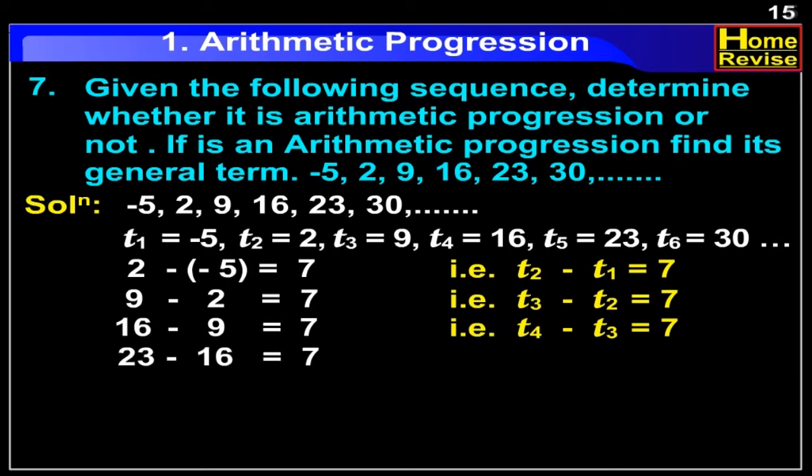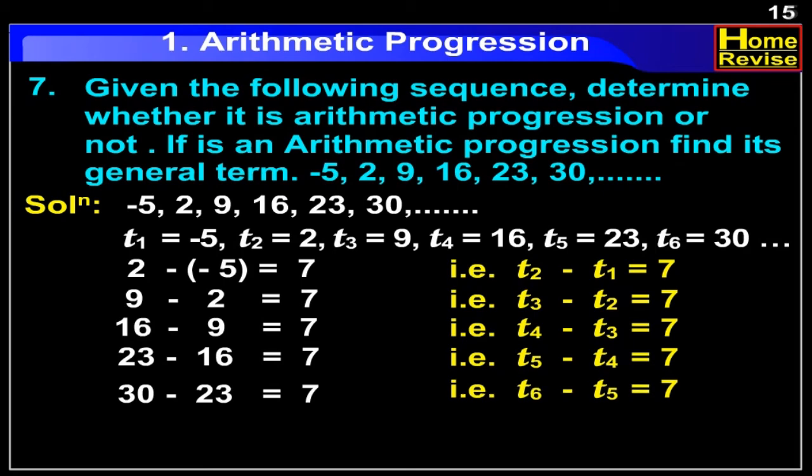Further, 23 minus 16 is equal to 7. That is, T5 minus T4 is equal to 7. And 30 minus 23 is equal to 7. That is, T6 minus T5 is equal to 7.